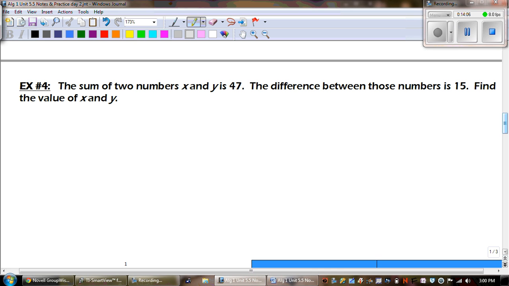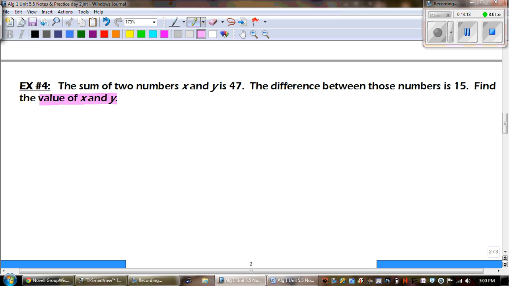All right. Number 4, the sum of two numbers, x and y, is 47, and the difference between those two numbers is 15. Find the value of x and y. Okay, so the sum of two numbers is 47, and the difference between those numbers is 15.